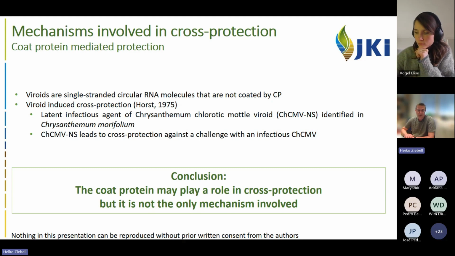And Horst in 1975 could see that Chrysanthemum chlorotic mottle viroid could protect a plant against a similar Chrysanthemum chlorotic mottle viroid strain. And therefore, the conclusion is that the coat protein may play a role in cross-protection, but is probably not the only mechanism involved.